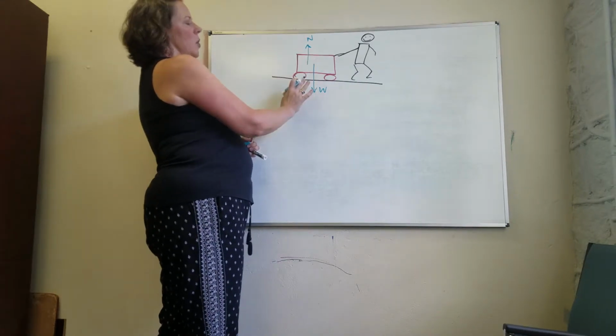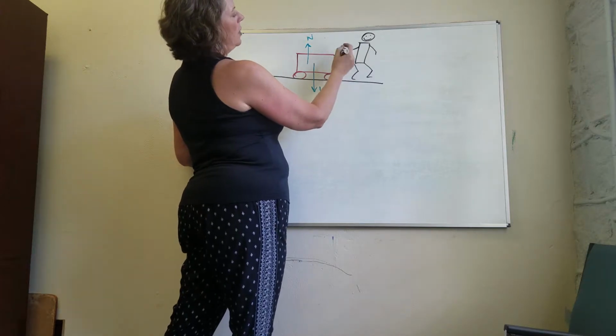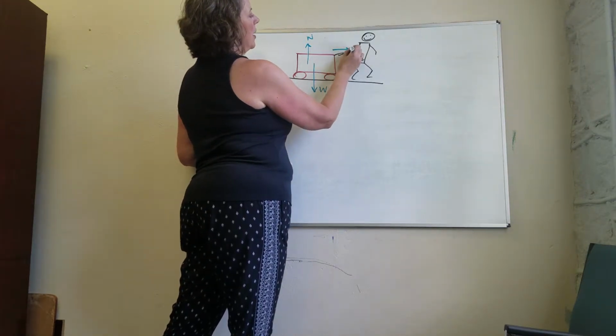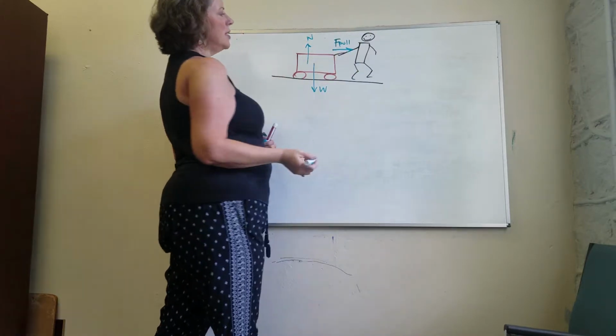So the weight and the normal are going to be equal. I'm going to say that this person is kind of short. I know I drew it at kind of an angle, but I'm going to go ahead and just say that he's applying a horizontal force, a pulling force this way.